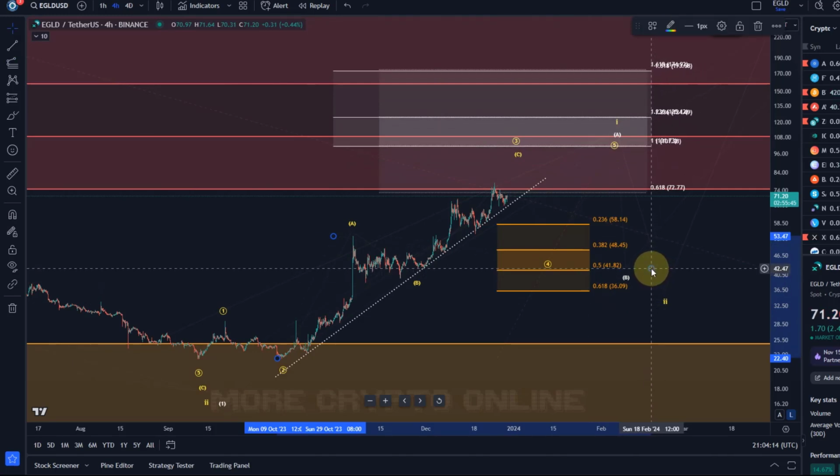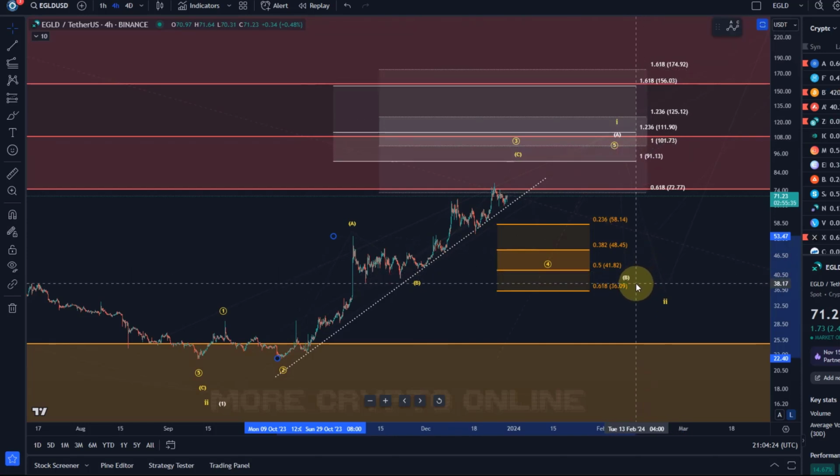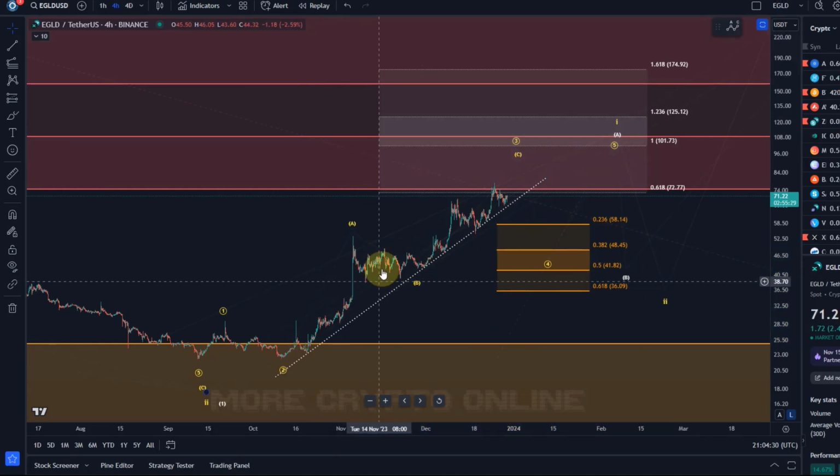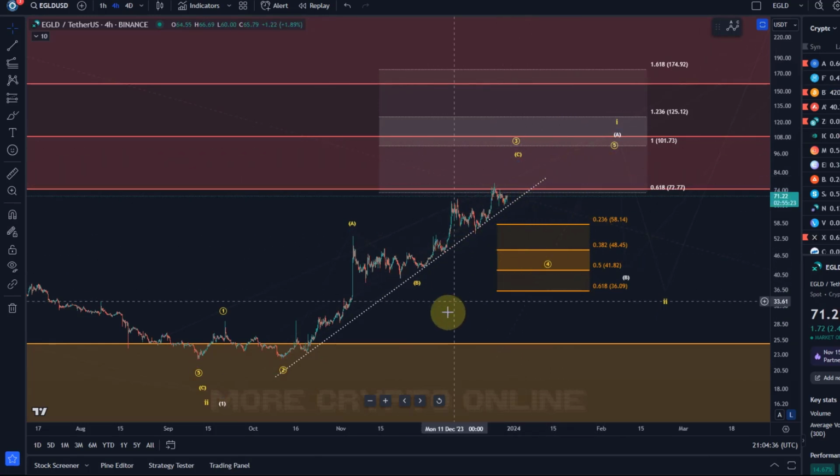If we assume the B wave was a triangle, it ended here on the 28th of November, and then the fibs are as shown. It could be, and that's what makes it a little bit uncertain, that the B wave ended at one of these lows, then it might be a little lower. But I think there is actually a good chance that this was a triangle pattern in wave B. That gives us a few levels to watch for the C wave.